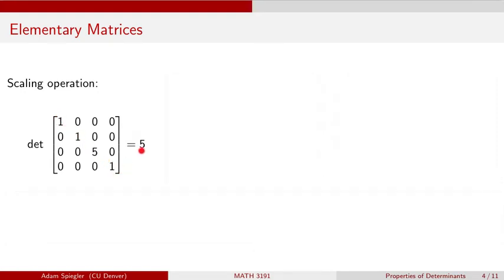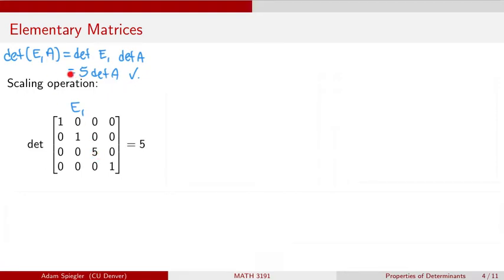And so here you could very quickly justify that the determinant of this matrix is the product of these diagonals, which gives us 5. If I call this elementary matrix E1, then the determinant of the product of E1 and A equals the determinant of E1 times the determinant of A, since we know that applying E1 to matrix A has the effect of scaling one of the rows by 5.